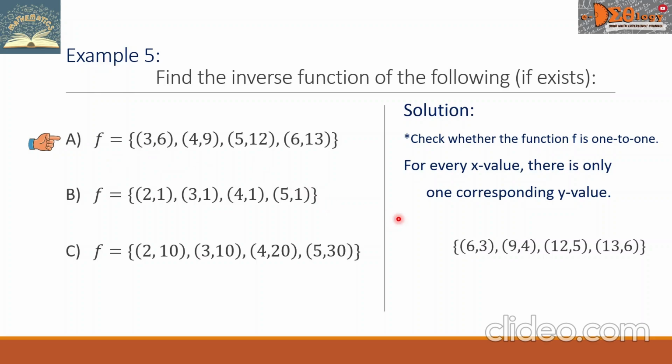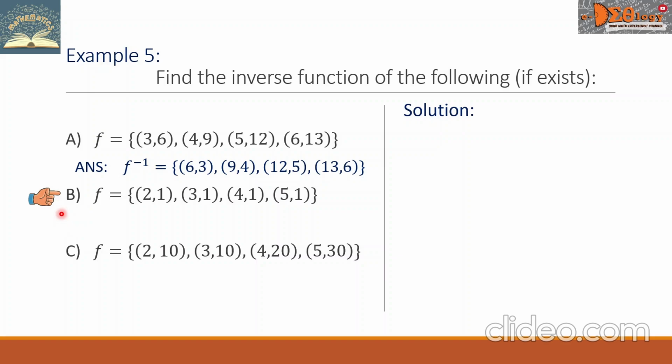So (3, 6) becomes (6, 3), (4, 9) becomes (9, 4), (5, 12) becomes (12, 5), (6, 13) becomes (13, 6). And this is the symbol f inverse. This is the inverse function for this corresponding function. Then we write this answer below problem A.